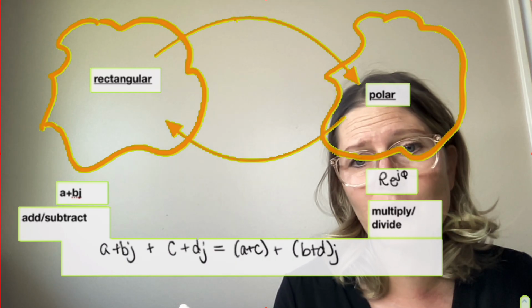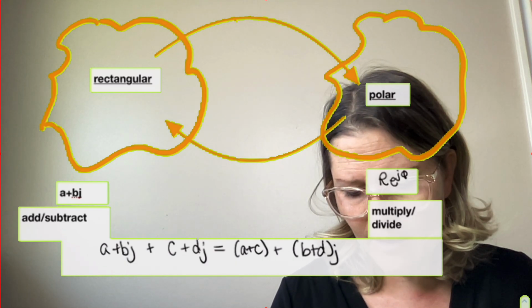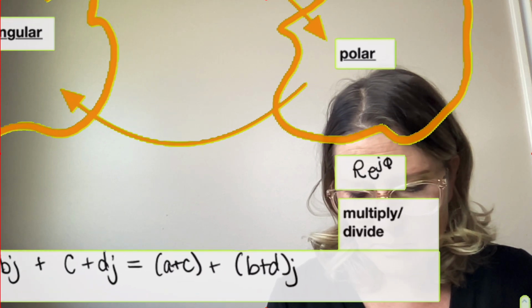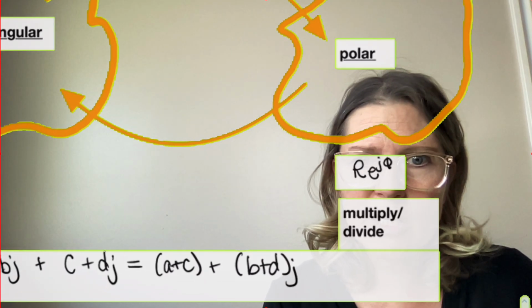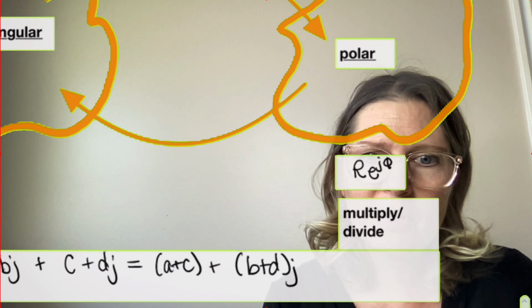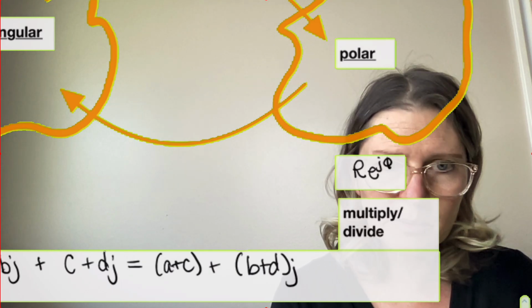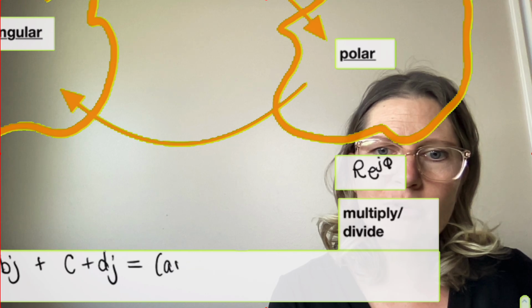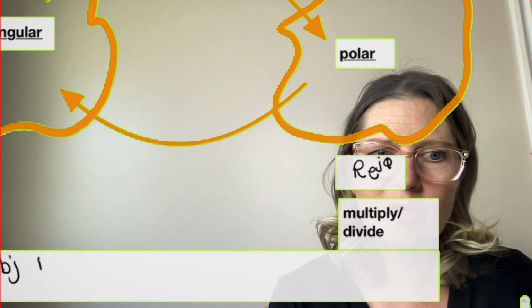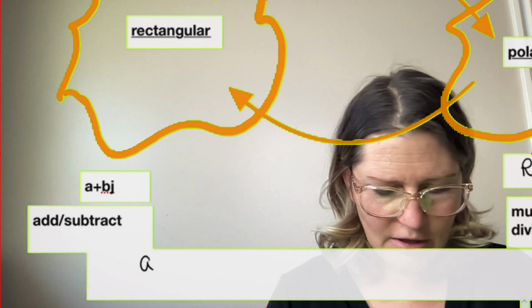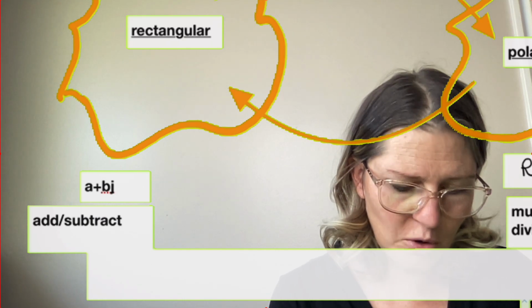So in the polar form, which is where you have the magnitude r, e to the j theta, you would use this one to multiply and divide. So multiplying and dividing is going to be way easier than using the rectangular form.